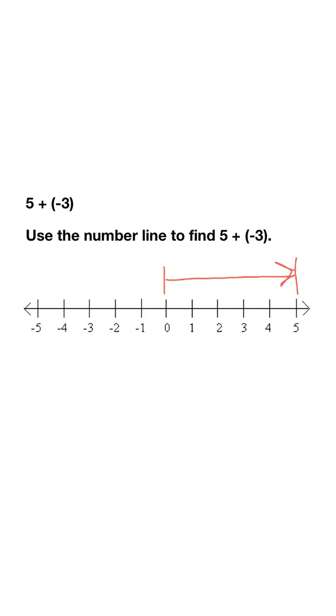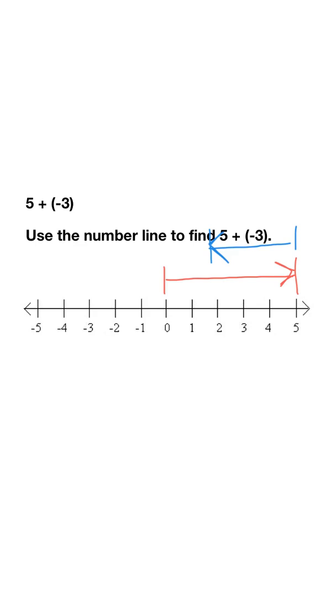This means that we are going to go 3 units from 5 in the negative direction. This gives us a final answer of positive 2.